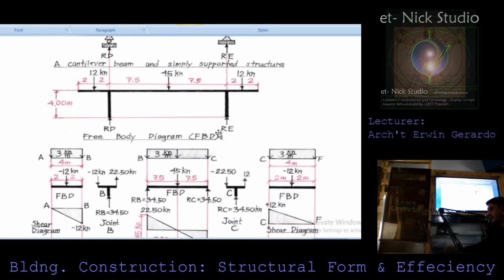So as you can see here, the reaction of E times 15 meters is positive.